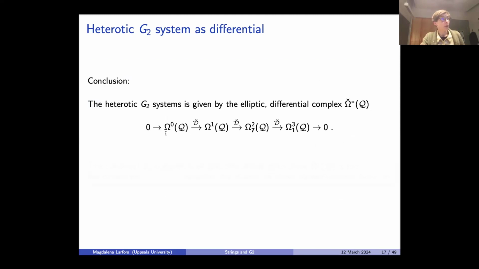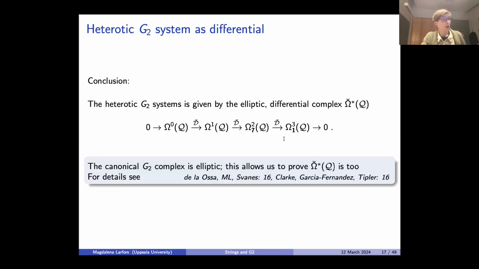So this is what we do then. We define this complex. One might be a bit worried here about the ellipticity of this complex, or it may not be obvious why this is elliptic. But this is based on the fact that we started from the canonical G2 complex.